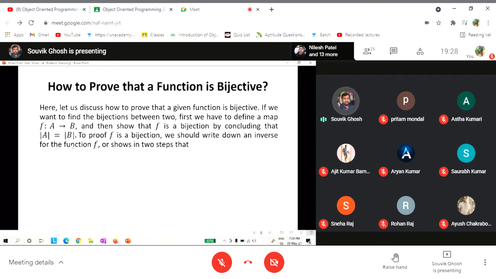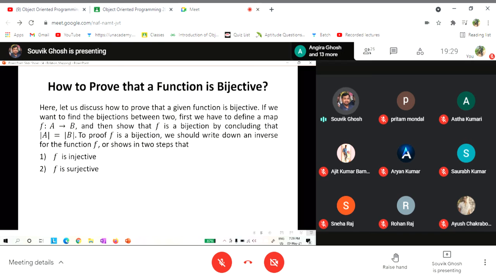To prove F is a bijection, we should write down an inverse function for F. If it is possible to write down an inverse function of the function F, then it is very easy to show that it is a bijection. Or we can show it in two steps. Number one, we have to show that F is an injective function, and then we have to show that F is a surjective function.